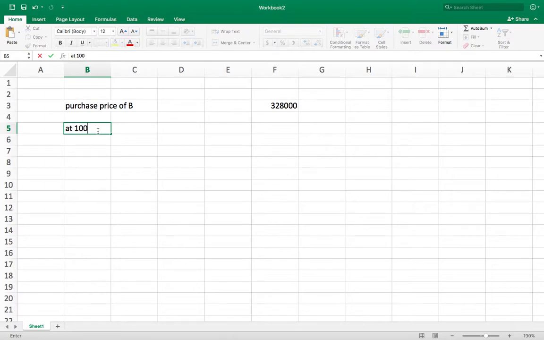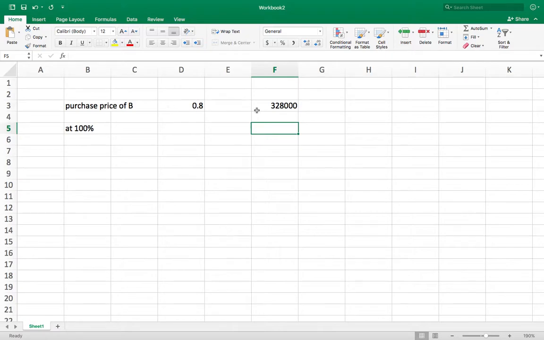We bought 80%, so the value at 100% would have been 328,000 divided by 80%, which is 410,000.